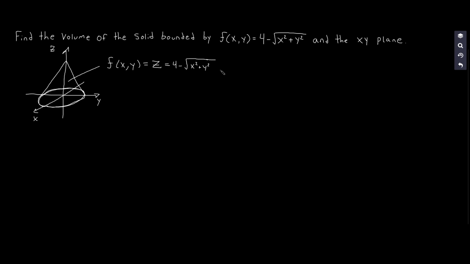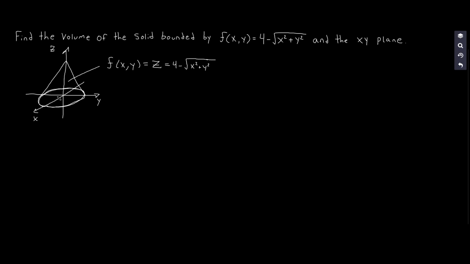So since the region in the xy plane is circular, that's a good indicator that we should be using polar coordinates. Like, that's a good candidate for using polar coordinates. The first thing that we notice is like, okay, there's a circle in it. All right, bet. So it's probably going to be polar coordinates.